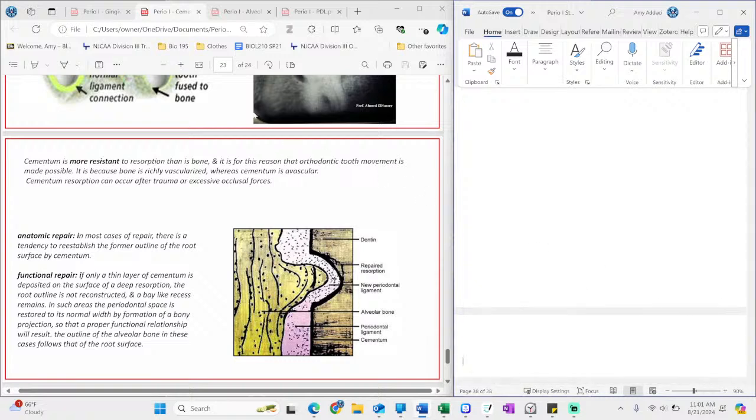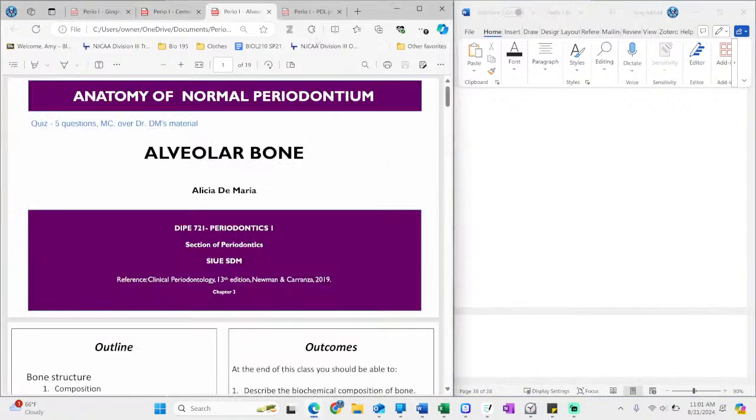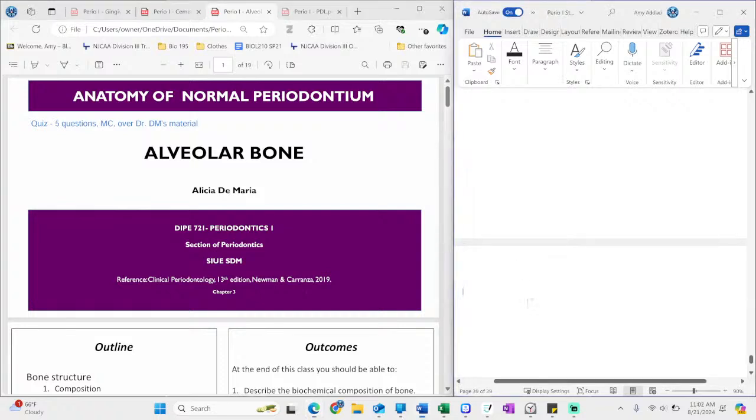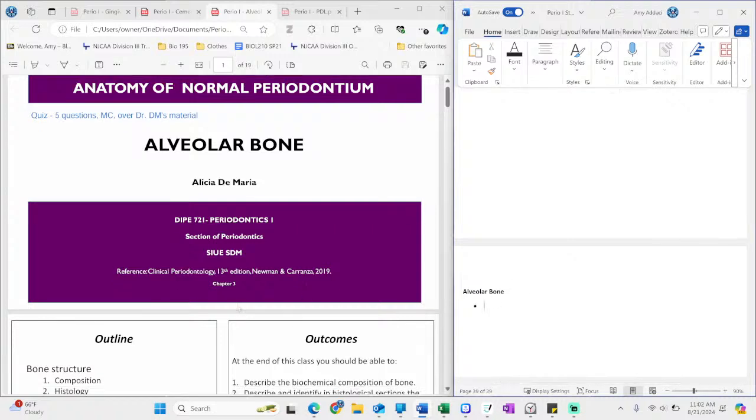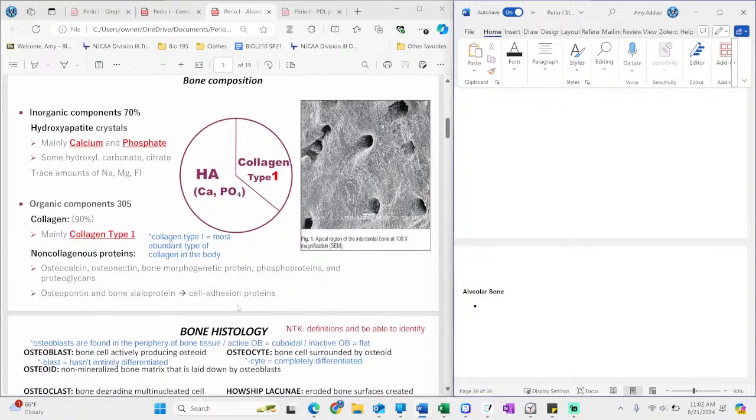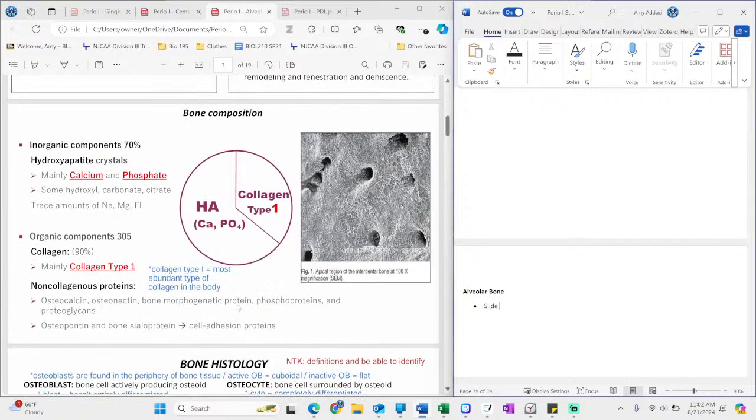Okay, let's go to bone, to continue with mineralized tissues. From bone, you need to remember the characteristics of the matrix, because the matrix is what gives the bone its characteristics. Around 70% of the bone in weight is mineral matrix.